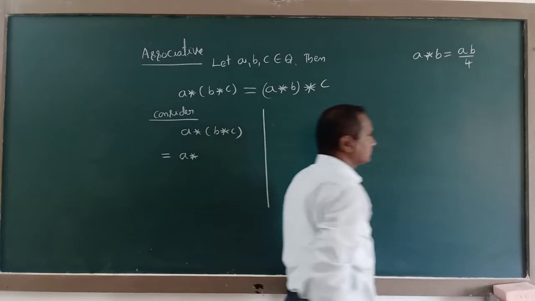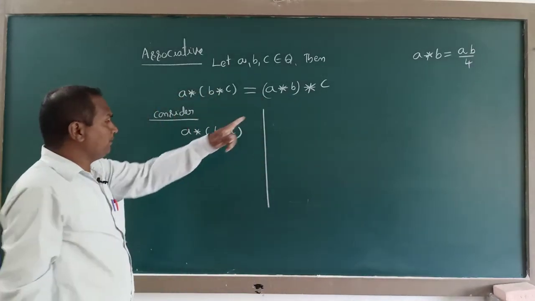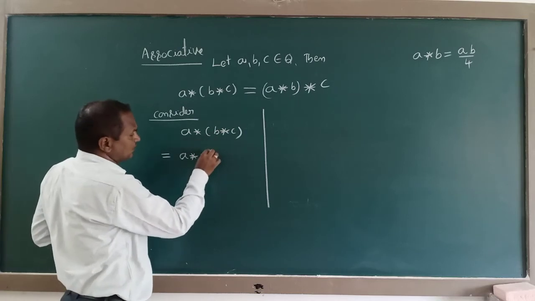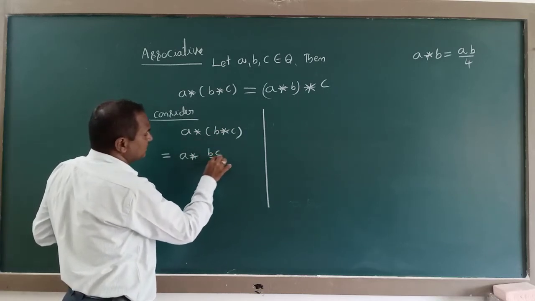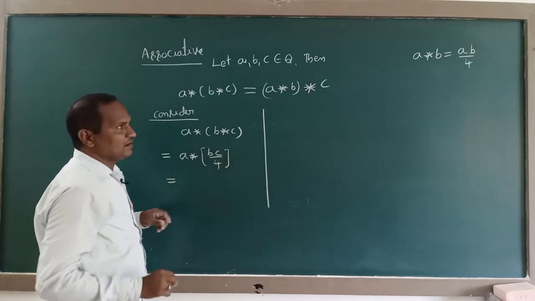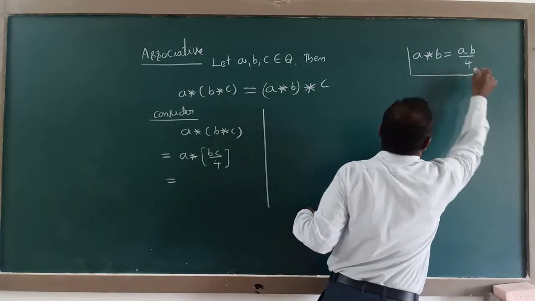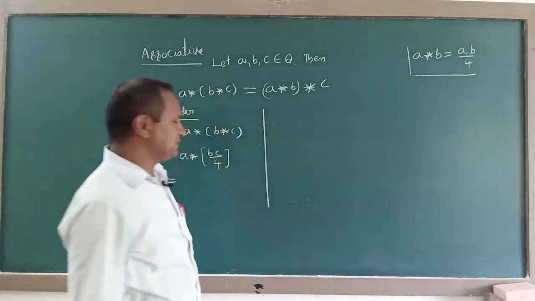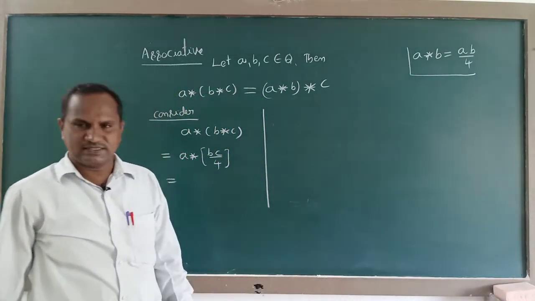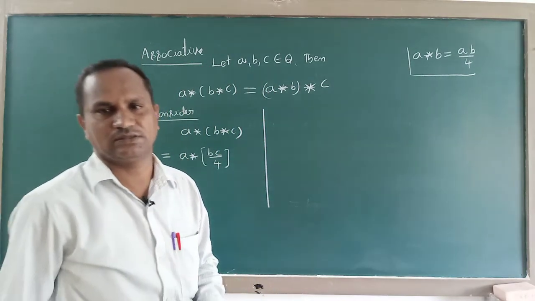If you apply the definition for this b star c, then it becomes bc by 4. Once again star has come, because they gave this definition in the question. Once again star is coming, so we have to apply the given definition once again.